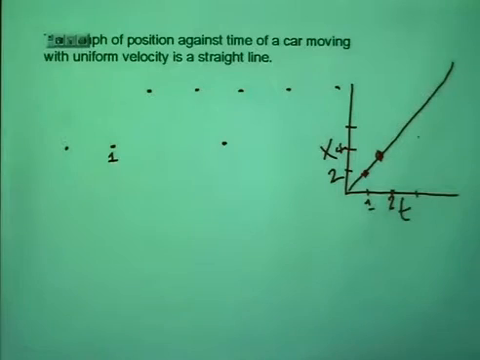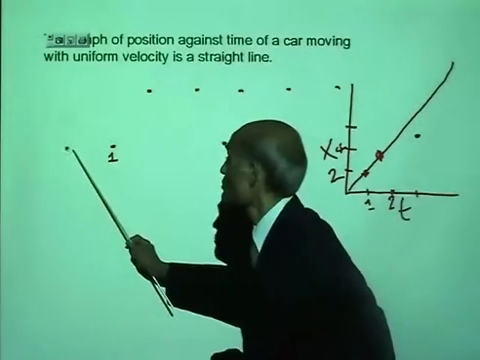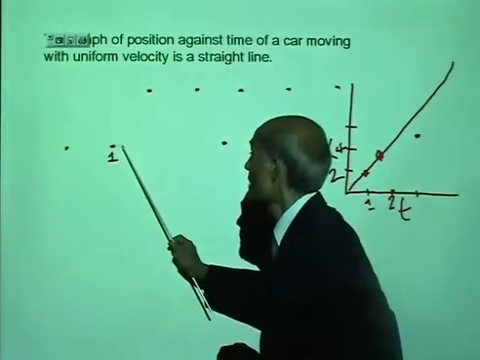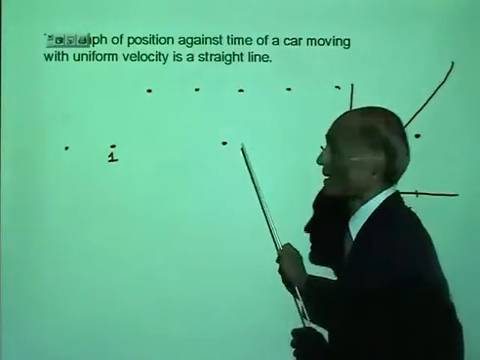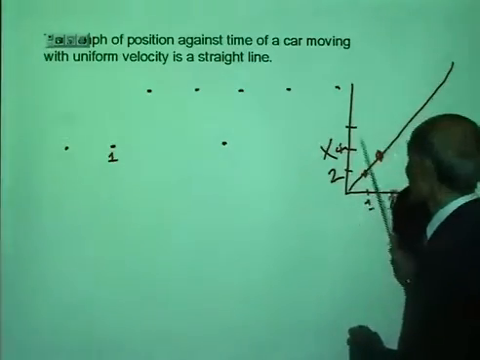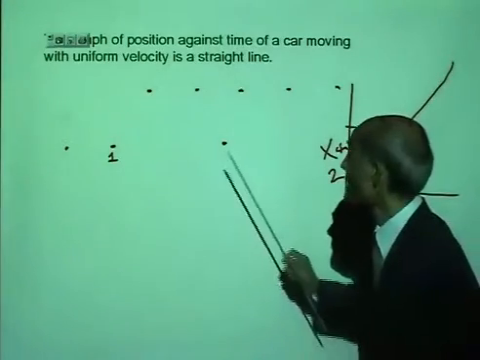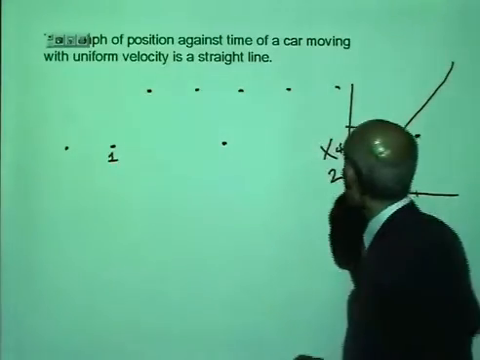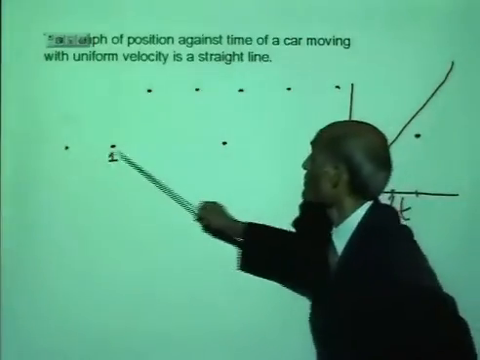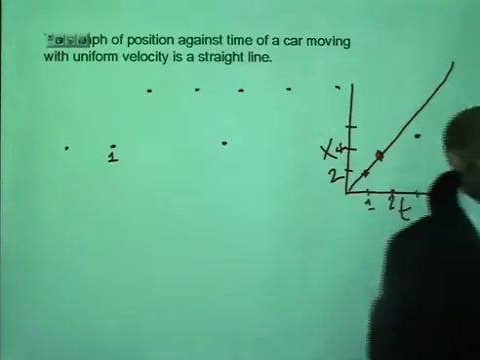At the end of the next second it may be traveling a lot more. You see, in the first second the car travels that much. In the second second the car travels a lot more. In the third second the car travels a lot more. So can you tell me, if I draw a graph of x, the distance against time for this, what kind of a graph will that be?